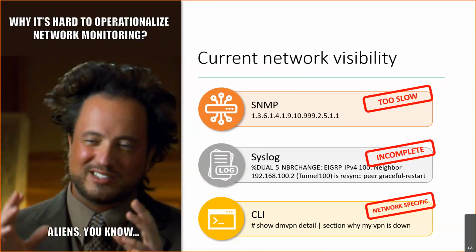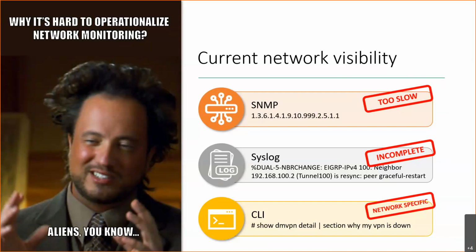We know that, for example, SNMP uses something called the management information base, which is vendor specific, and by default, it uses a periodic polling mechanism to poll every single object ID, which are in turn not really self-explanatory, as you can see on the slide.